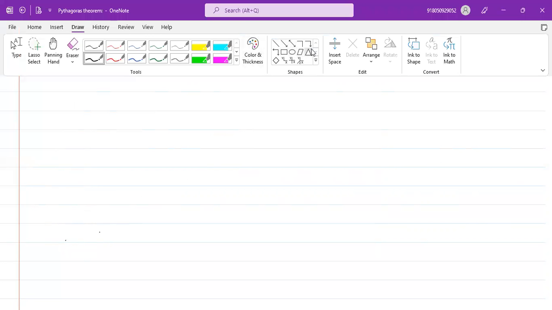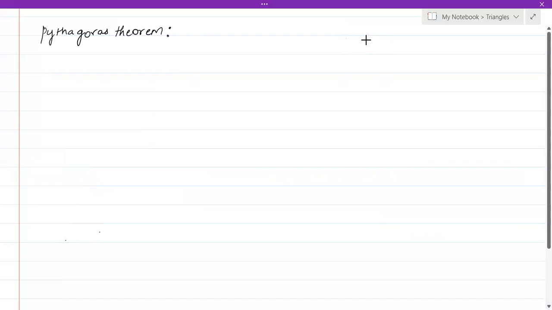Okay, so let's draw a right angle triangle. Let's complete it. So let's neatly draw it. So right angle triangle ABC.